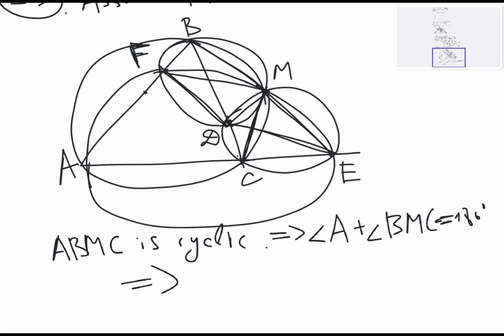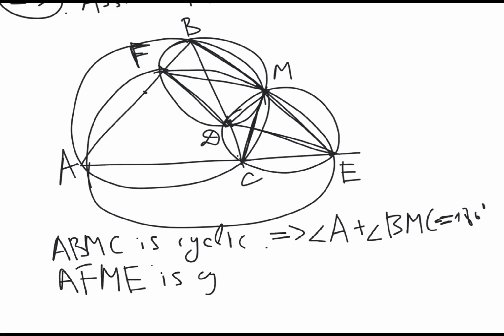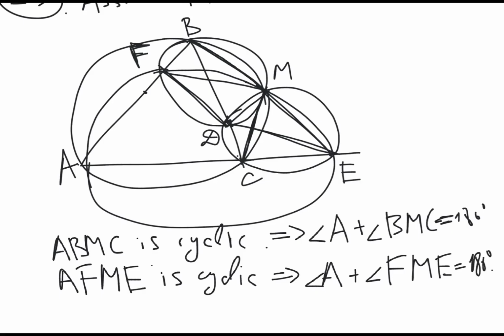Also we know that AFME is cyclic. From this we know that the angle A plus the angle FME is equal to 180 degrees.